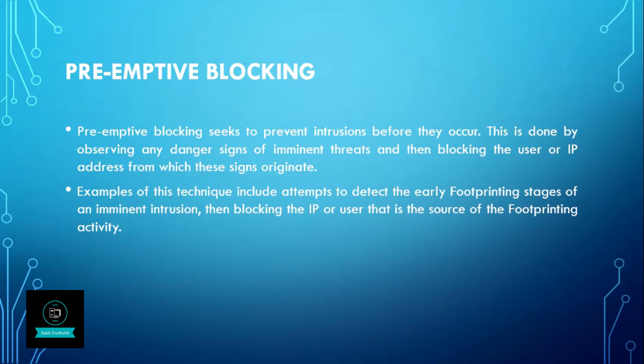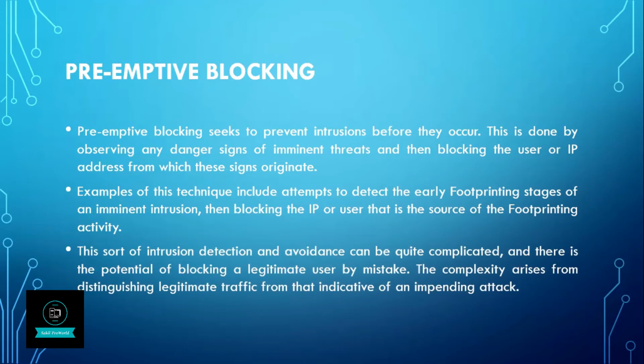If you find that a particular IP address is the source of frequent port scans and other scans of your system, then you would block that IP address at the firewall. This sort of intrusion detection and avoidance can be quite complicated, and there is the potential of blocking a legitimate user by mistake. The complexity arises from distinguishing legitimate traffic from that indicative of an impending attack.